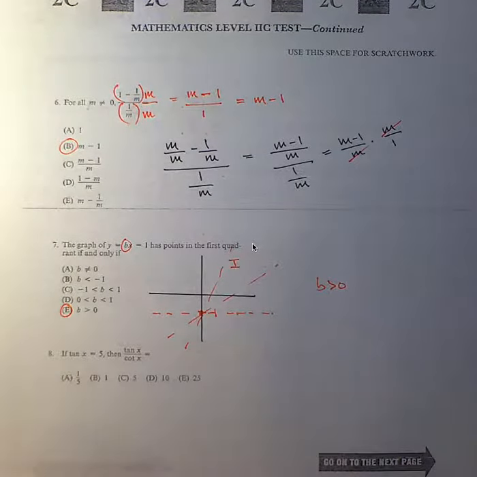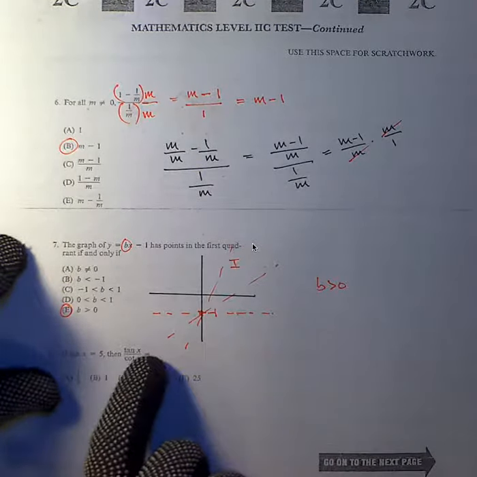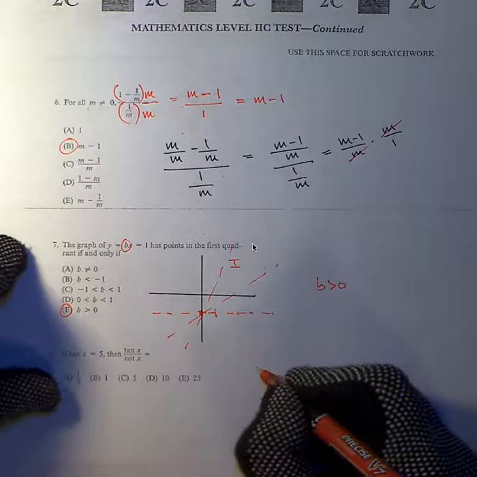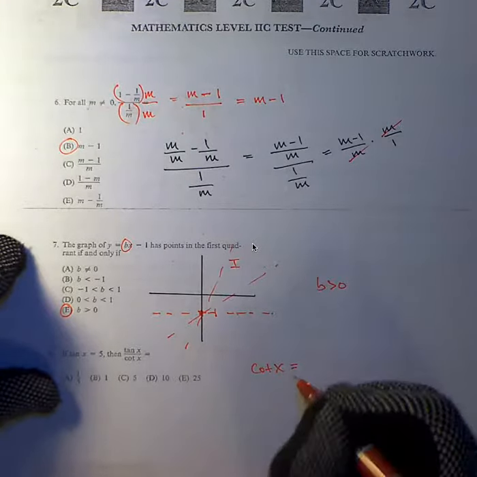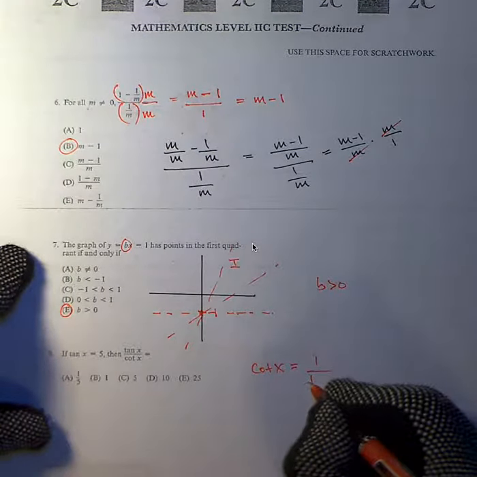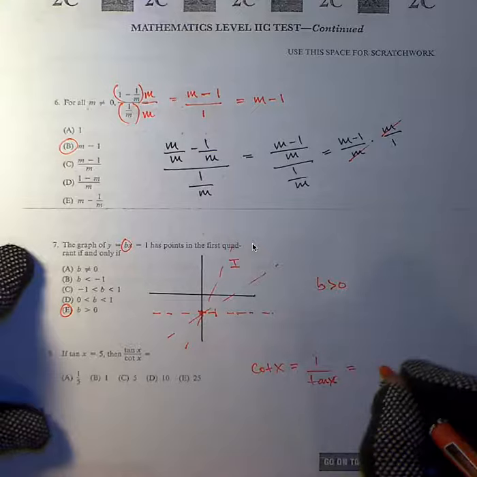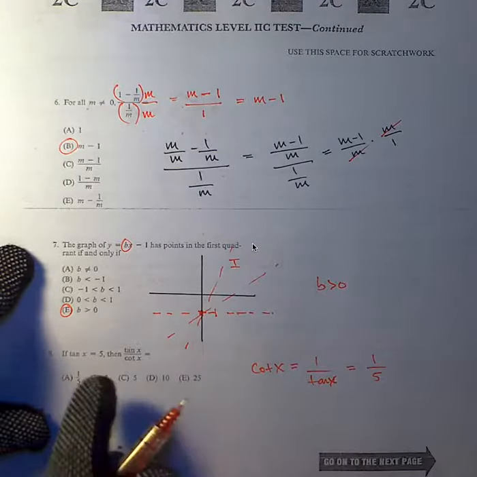All right, next is we're given that tan x is equal to 5, and we're asked to find the quotient of tan x and cot x. Remember, cot x is equal to 1 over tan x, and therefore cot x in this case is 1 over 5, because we're told tan x is 5.